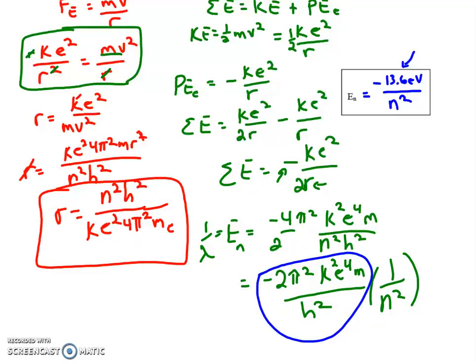If you were to put in 2 for this, the second energy level, 2 squared, 13.6 divided by 4, should give us the energy level of the second one that we've seen in our reference tables. Okay? So what we'll do in the class tomorrow, before we apply this, is look at what basis, is there any theoretical basis to assume that angular momentum is quantized? And the answer is yes, but it came later, and it came from de Broglie's idea of electrons being just as much waves as they are electrons.